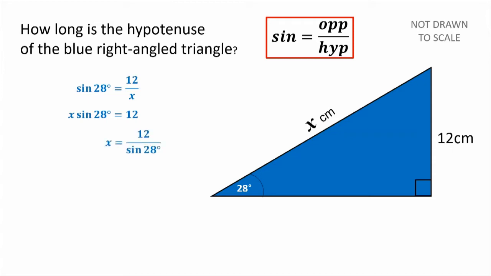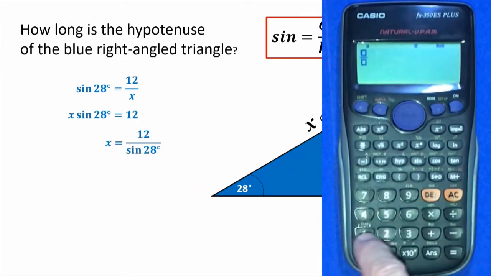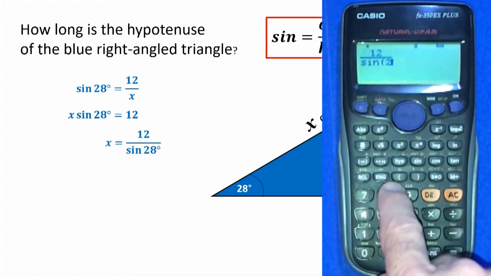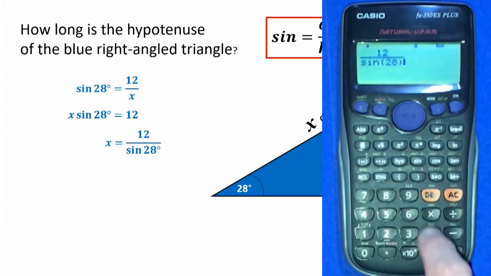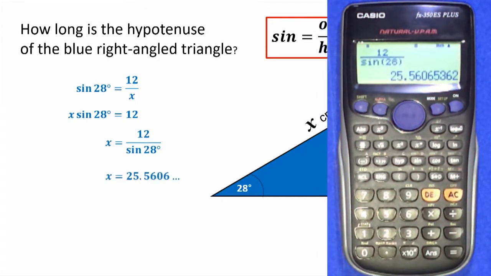And now I've just got one calculation that I need to do on my calculator in order to work out the length of x. So I'll type it in using the fraction function on this particular calculator. 12 divided by the sine of 28, and I get the answer 25 point and lots of digits as the decimal part of the answer.